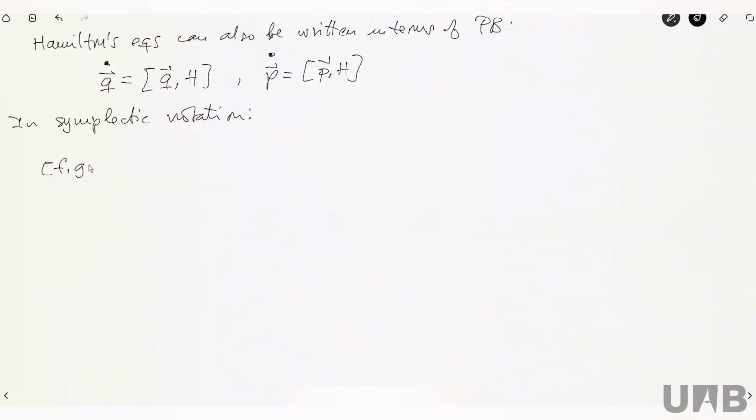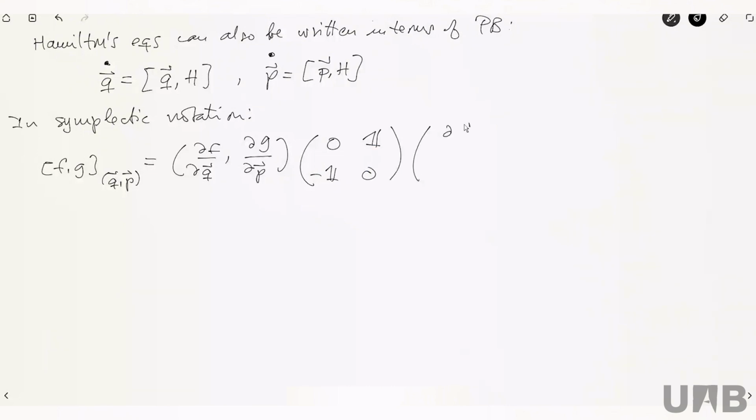So F and G with respect to Q and P is partial of F with respect to Q, partial of F with respect to P, and now we can put 0, 1, minus 1, 0, and here the same thing, partial of G with respect to Q, partial of G with respect to P. So this matrix is 2n by 2n, and these are n by n unit matrices.